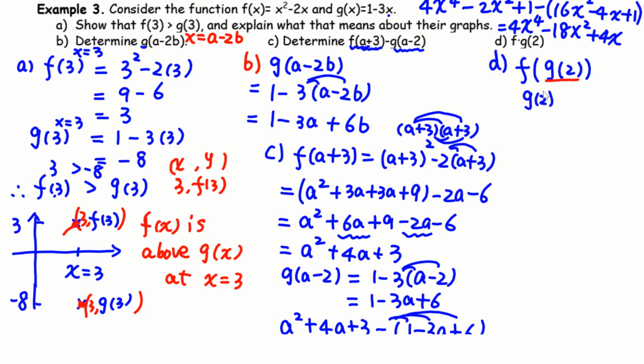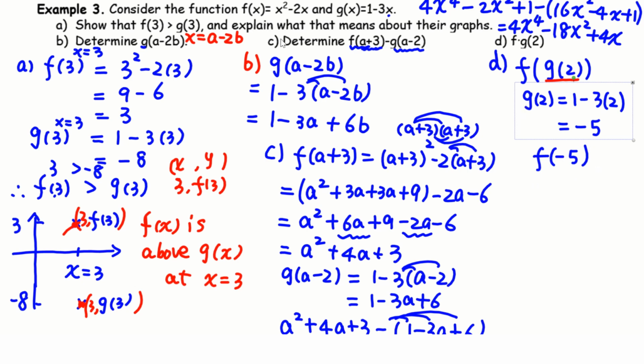G at 2 means x equals 2 for function g. So 1 minus 3 times 2 gives you negative 5. Then f at g at 2, the g at 2 now is a number. And remember, it's not g times 2. So g at 2 means x equals 2 subbed into the function.